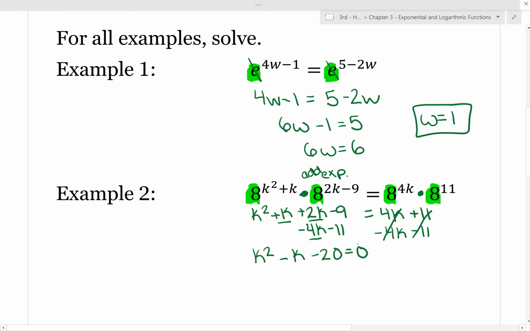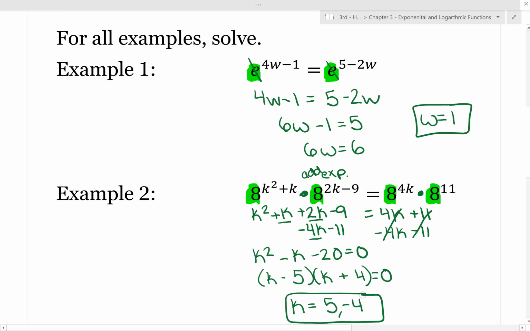So what times what gives you 20 and adds together to give you a 1? So hopefully you said it'd be 5 and 4. And which way would your signs have to go? k minus 5, k plus 4. So set them equal to 0. So k equals 5 and negative 4.